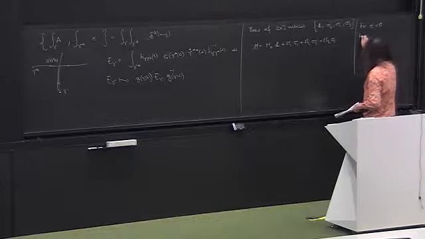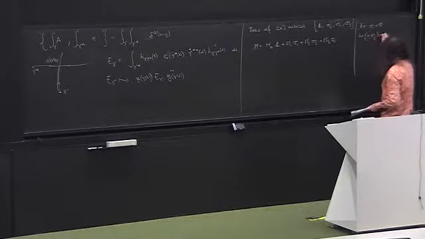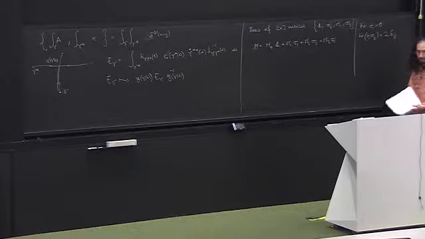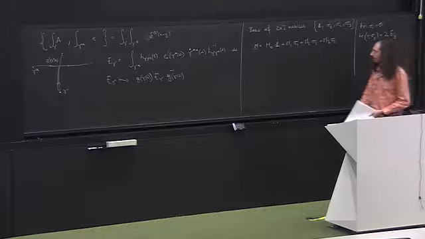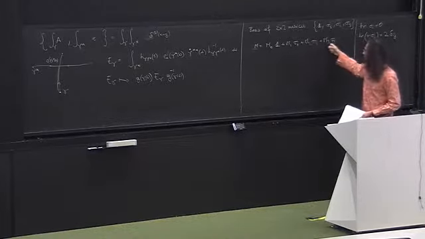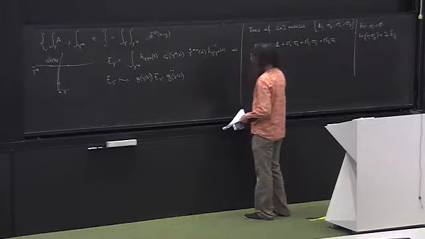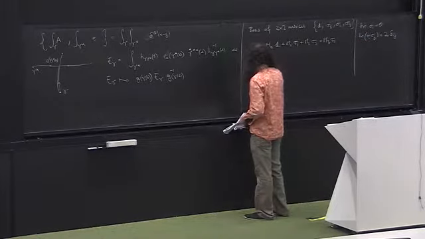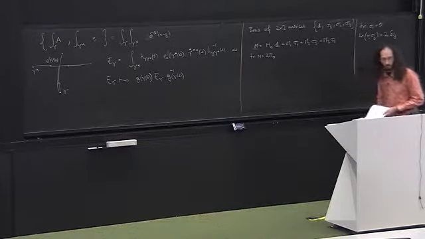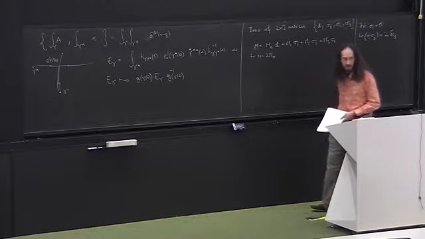And trace of sigma i sigma j equals 2 delta ij. Okay, so if I take the trace of M, all these guys go to 0. So I'm left with trace of M equals 2 M0. So you get M0 as just the half trace of M.